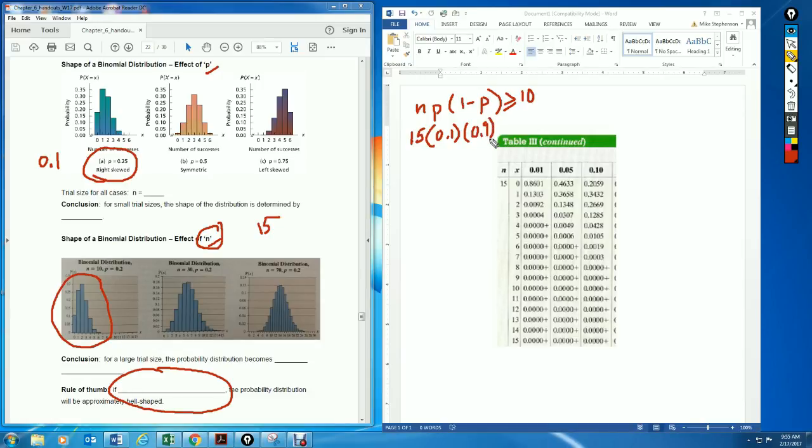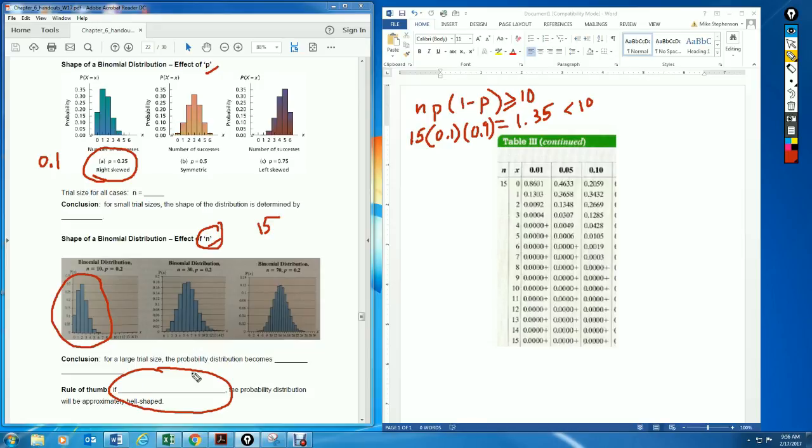If you calculate that, it is equal to 1.35, which is clearly much less than 10. So that is how we can conclude that the shape of the distribution will be right skewed.